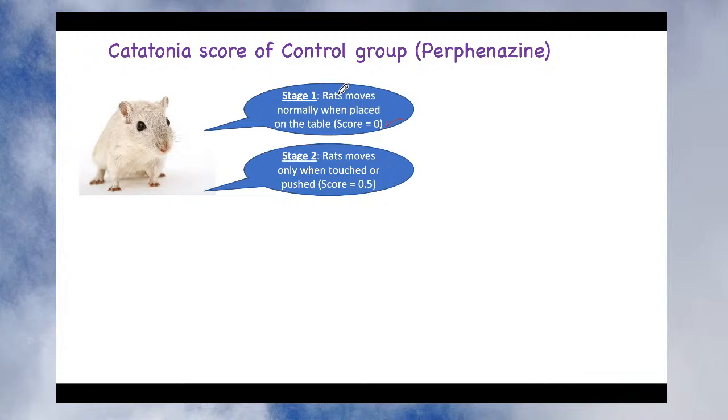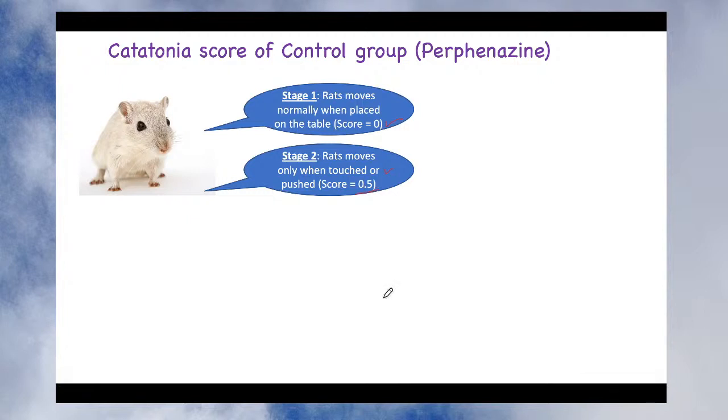So when the animal is kept on the table and the rat moves only when touched or pushed, it means catatonia has started inducing in the rat. Now what score will you give in such a condition? You will give the score of 0.5, because catatonia is induced.